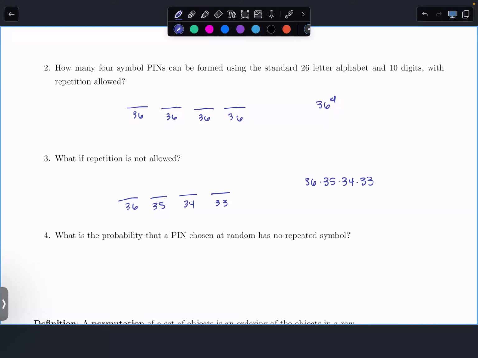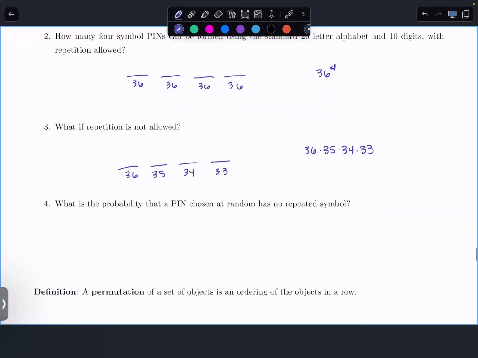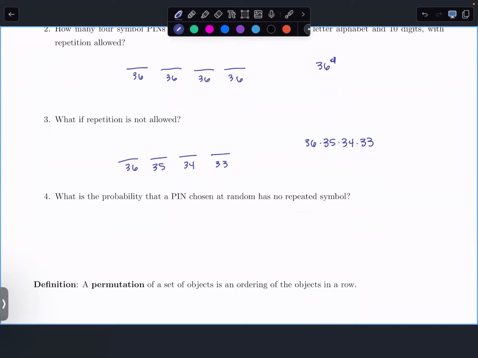Alessandra's going to figure it out. 1.69. Just 7. Okay. What's the probability that a pin chosen at random has no repeated symbol?